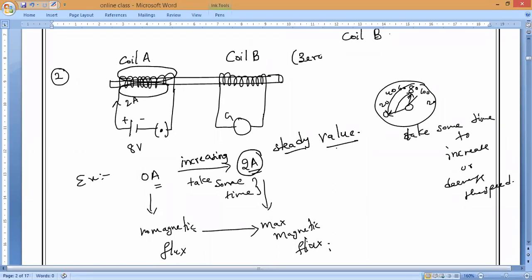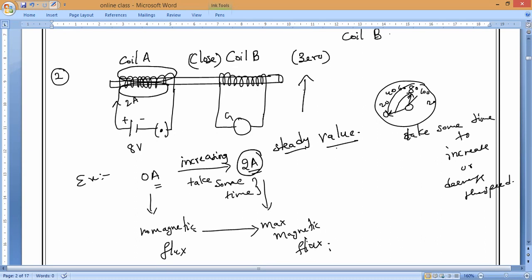Yes or no? Now when the magnetic field lines associated with coil A keep on increasing, then as coil B is very close to coil A, not very far, the magnetic field lines associated with coil B also keep on increasing. So that is the reason.